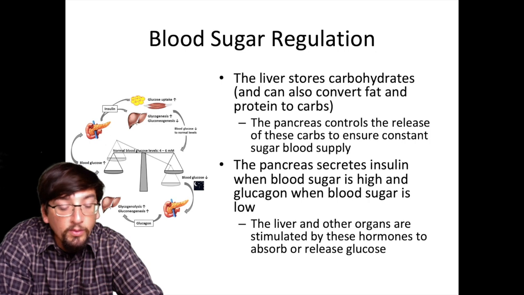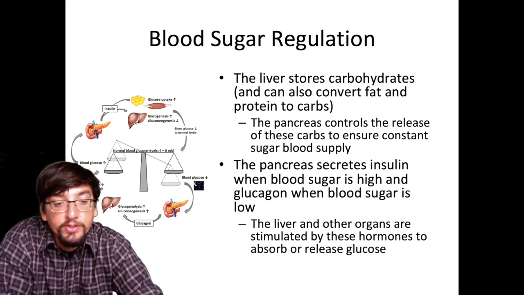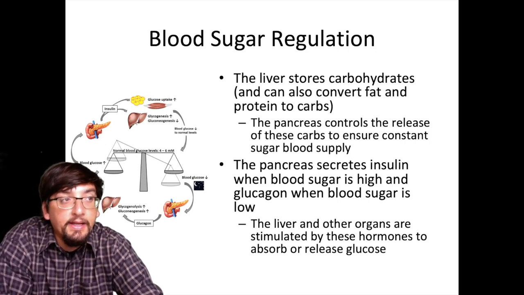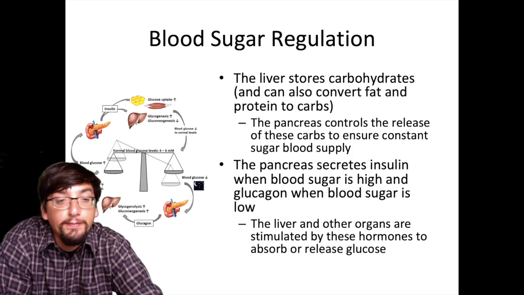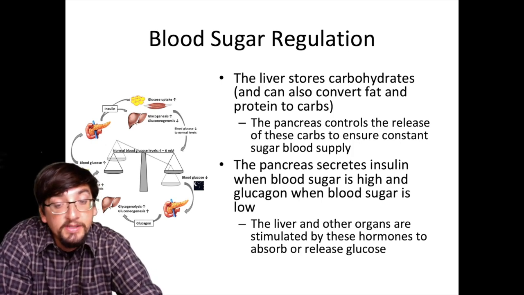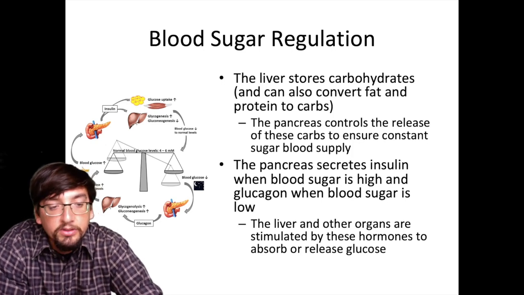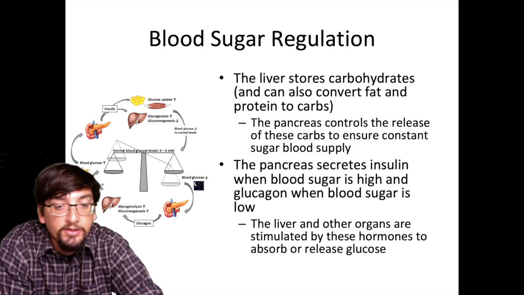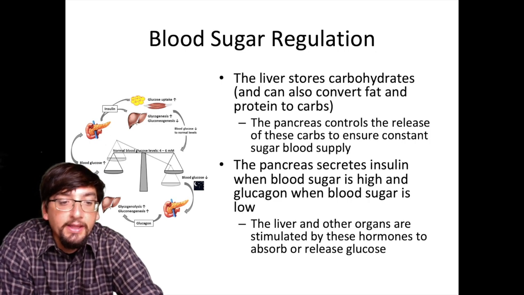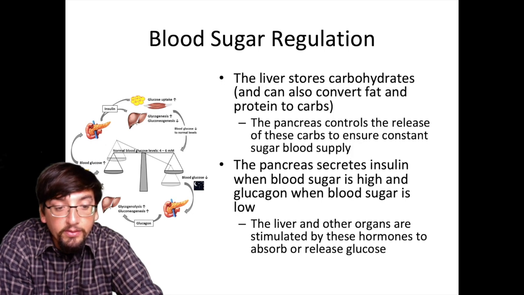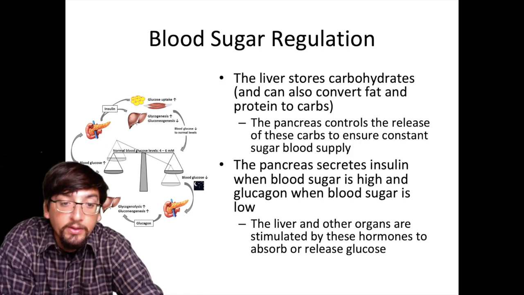Obviously, fat is a great energy storage molecule, but most of your cells can't actually break down fat directly for energy. Your muscle cells can, but the rest of your body actually needs glucose. It's got to have glucose, especially your brain, which is the star of the show. So your liver has to take that fat, break it apart into carbohydrates, and it can do that. It will, especially if you haven't eaten in a while.